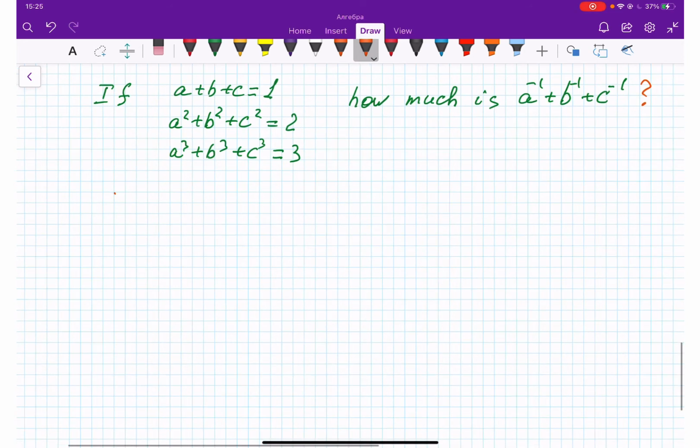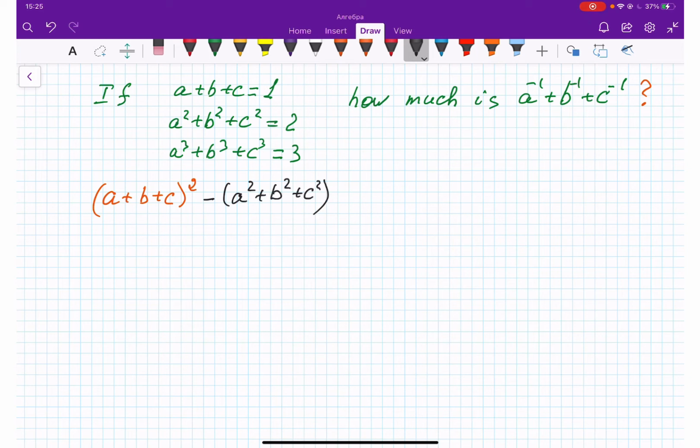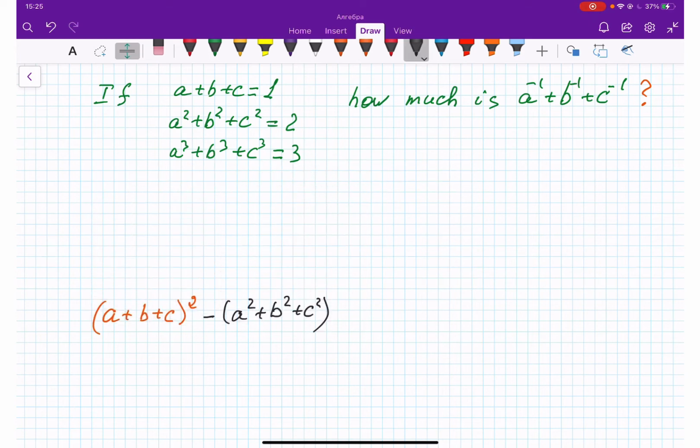A plus b plus c, I'm taking squared and doing minus a squared plus b squared plus c squared. Okay, let me show you why I'm starting this way and what for. I should have shown you from the beginning. Okay, it's still not late.